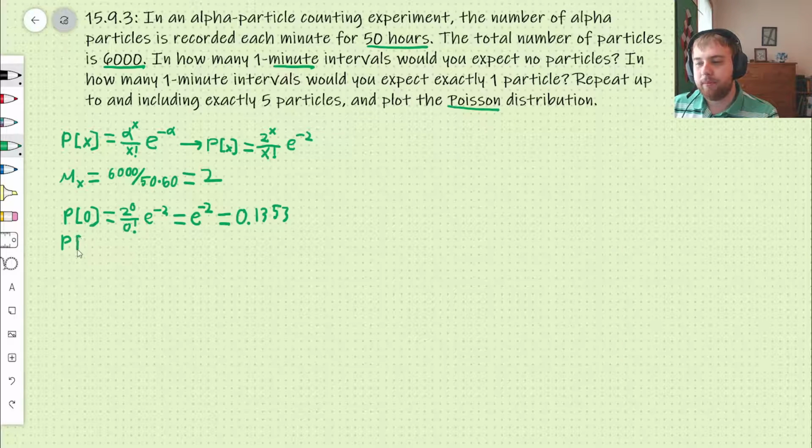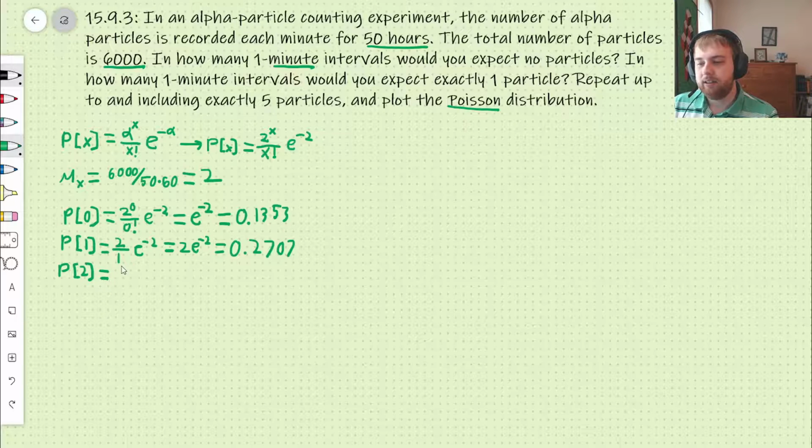What about the probability of one particle in our time unit? It's going to be 2 over 1 factorial, so 1, e to the negative 2, so it's going to be twice as much, which is 0.2707.